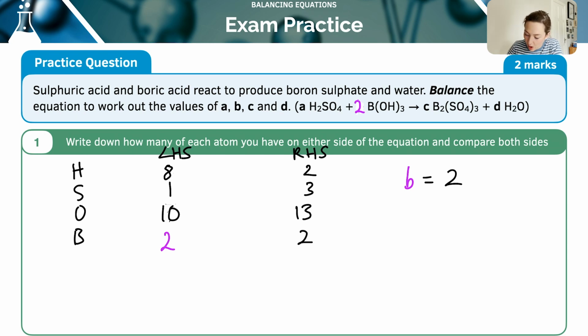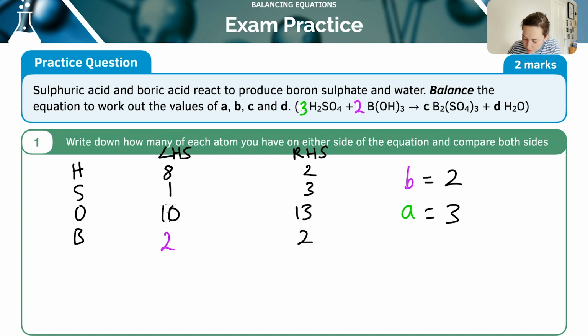So let's balance our sulfurs. We can balance our sulfur if we make A equal to 3. So if A is equal to 3, I get rid of that and put a 3 in front of there, then that's going to start to change a few things.